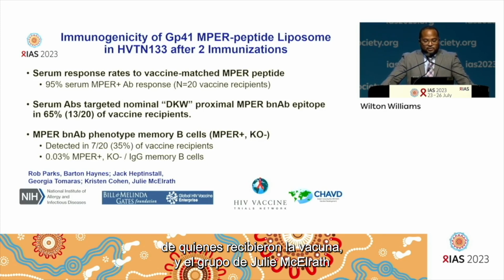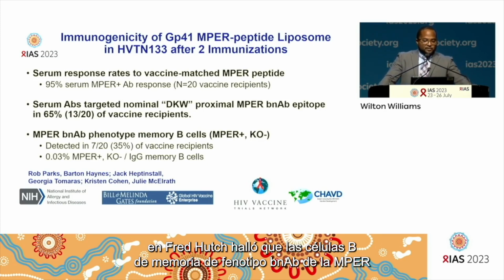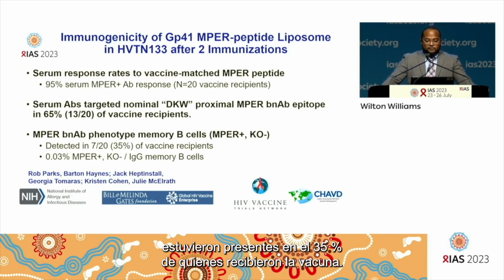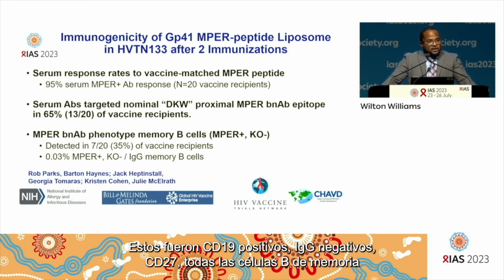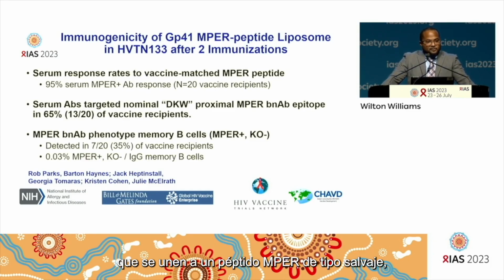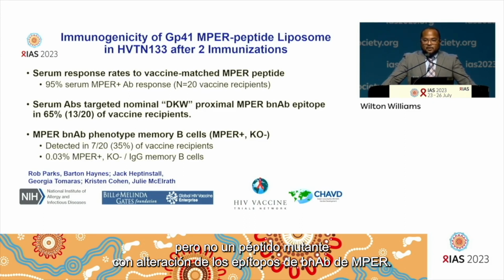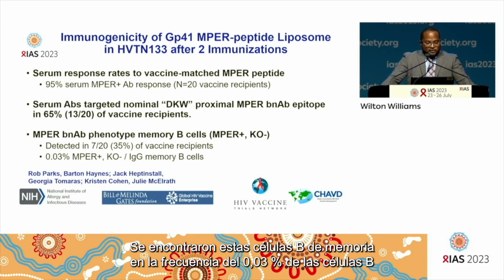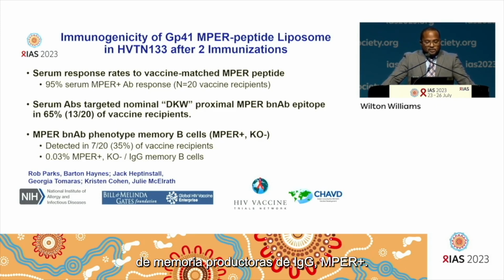And Julie McElrath's group at the Fred Hutch found that MPER bNAb phenotype memory B cells were present in 35% of the vaccine recipients. So these were CD19 positive, IgG negative, CD27 positive memory B cells that bound to a wild-type MPER peptide, but not a mutant peptide with a disruption of the MPER bNAb epitopes. And these memory B cells were found at a frequency of 0.03% of the MPER positive IgG memory B cells.